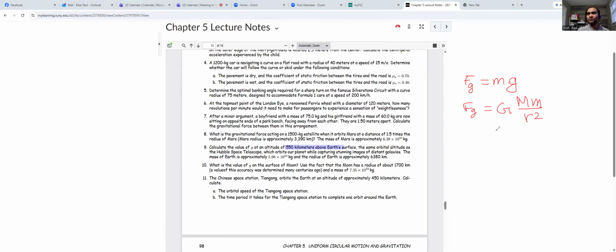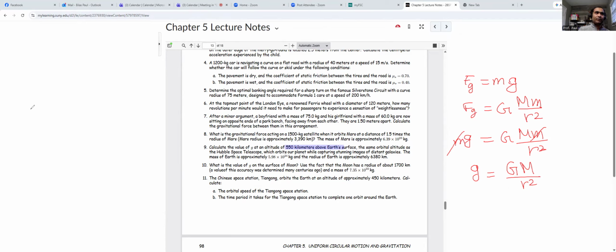They're the same thing. So if you want to calculate g, we have to equate these two, and you see m and m cancel out. g equals G M over r squared.